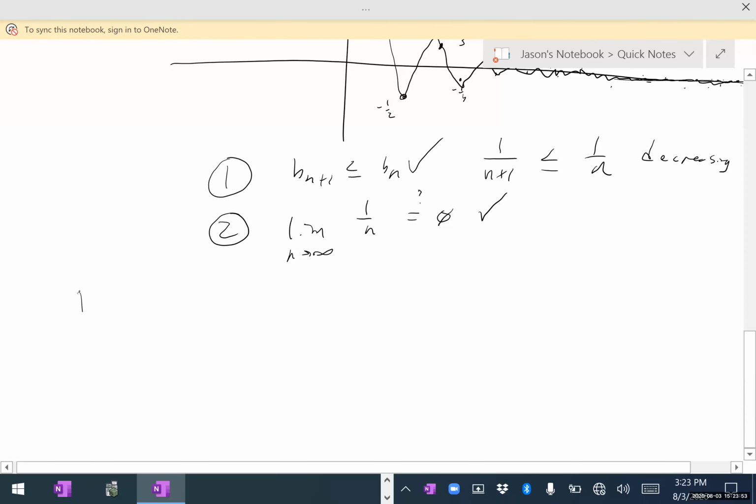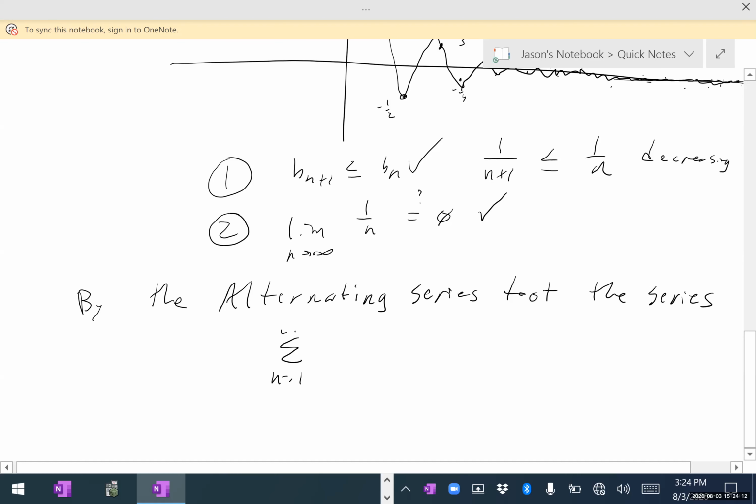So by the alternating series test, the series summation n equals 1 to infinity of (-1)^(n-1) times 1 over n converges.